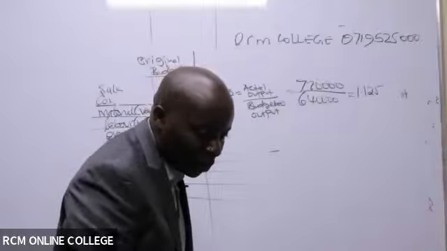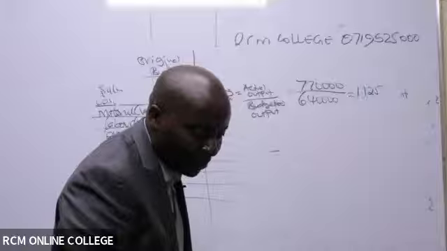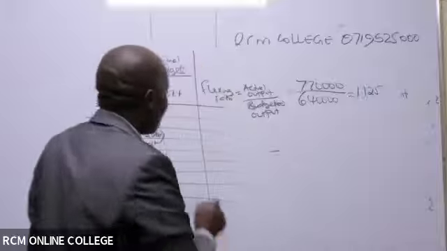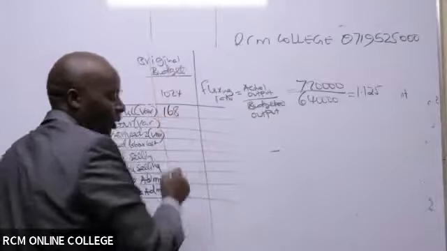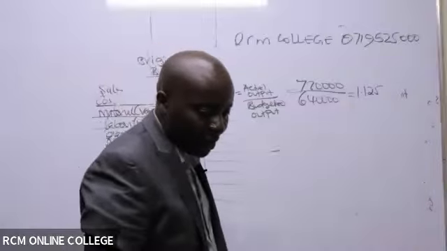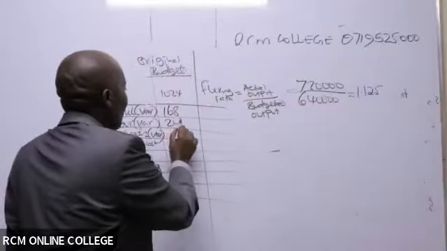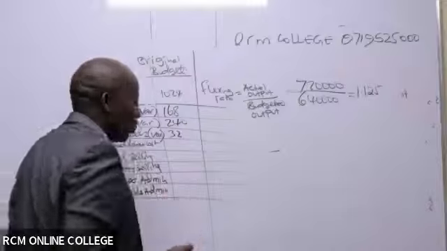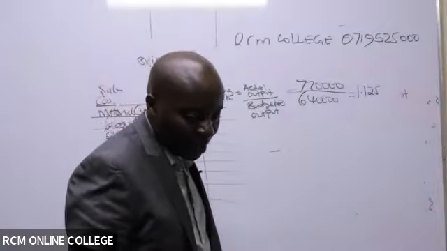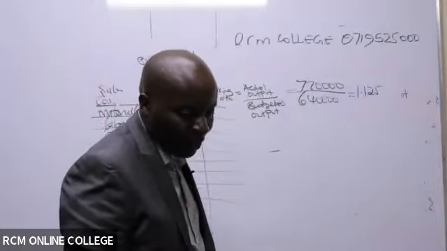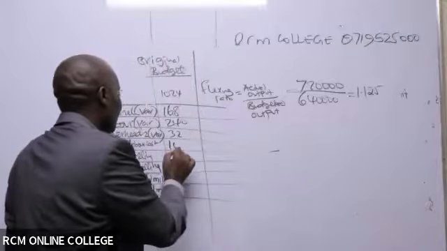No, I don't need those total figures. Thank you, but I don't need them. 168. After 168, I have 240. I have 32. And then the fixed labor cost is 100.